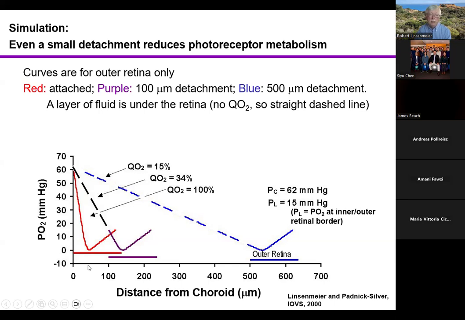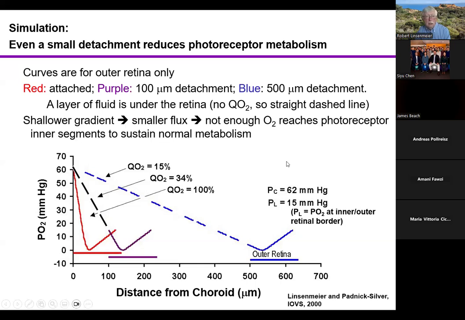And if the detachment is 500 microns, then you've got more fluid under the retina. This is still not a very large detachment, but you have only 15% of the normal oxygen consumption of the photoreceptors. The reason for this is that you have a shallower gradient and a smaller flux, so not enough oxygen actually reaches the photoreceptor to sustain normal metabolism.